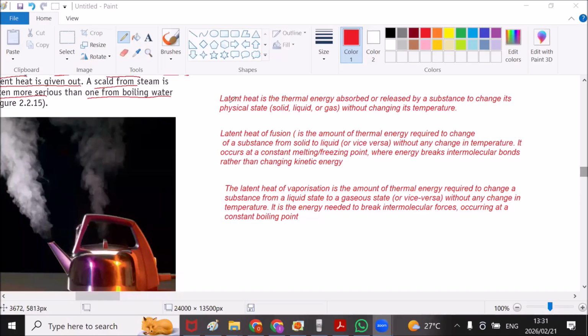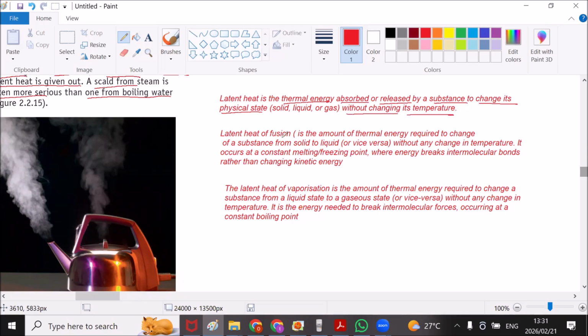So to define latent heat, we say latent heat is the thermal energy absorbed or released by a substance to change its physical state, such as solid, liquid, or gas, without changing its temperature.